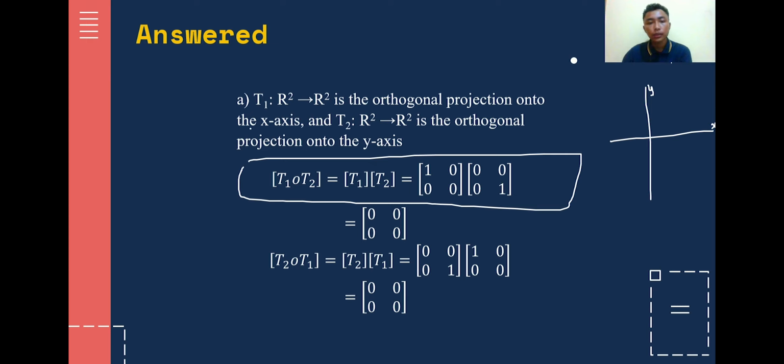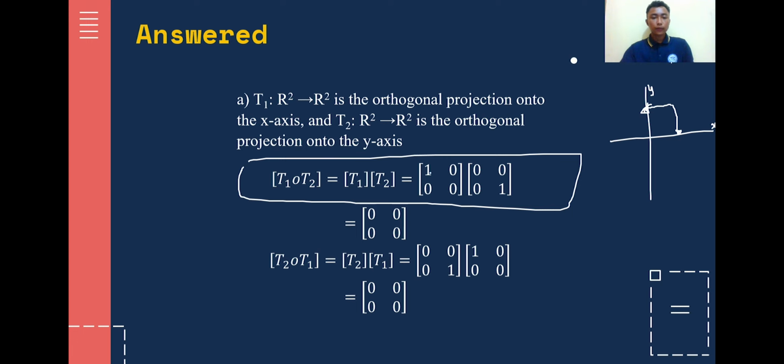If it is onto the x-axis, we make the coordinate go to the y-axis until the value of y is 0, and if it is the orthogonal projection onto the y-axis, we make the value of x become 0.